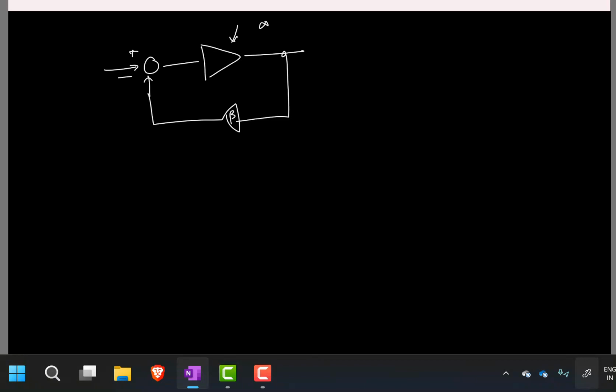So let's see why that makes sense. And why does it make sense? This is my negative feedback loop. So what I find is if this has an infinite gain, there is going to be no non-linearity. Why do you think that makes sense?